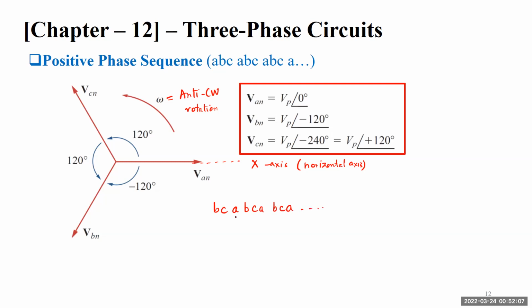Here we can see the repeating pattern is ABC, ABC, so on and so forth. So this is a positive phase sequence.